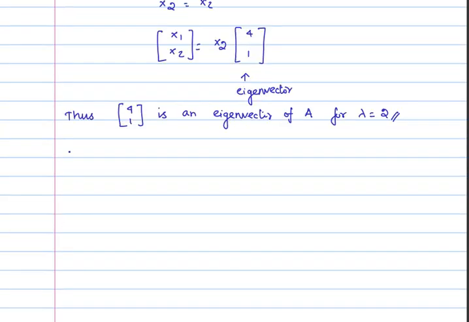So we conclude that A has two distinct eigenvalues, lambda equal to -5 and 2.